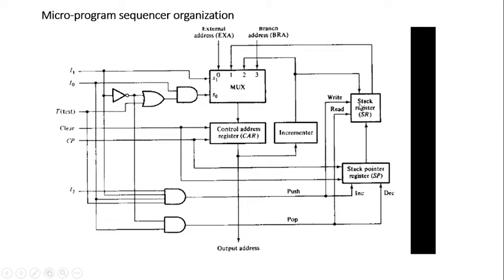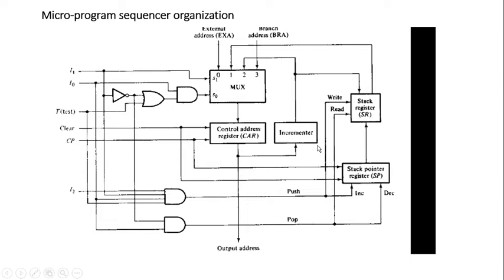After completing the subroutine execution, the stack pointer register supports popping the current return address value available at the stack top, so that it can easily come back to the caller program and resume its execution.